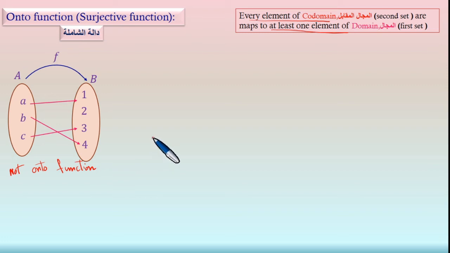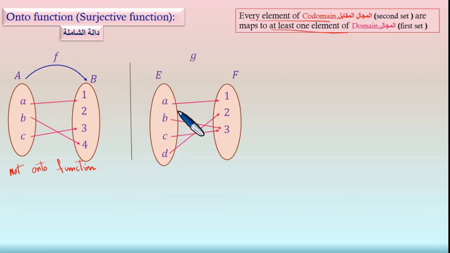Let me see another example. Function g which maps from E to F. Here the second set elements, the codomain elements, are 1, 2 and 3. Here you see 1 is mapped with one element, 2 is mapped with one element, that is pre-image is D, and for the 3 there are two pre-images, no problem, right?